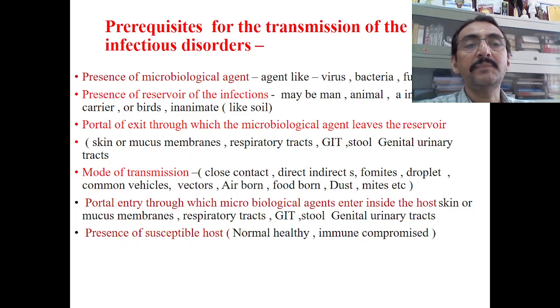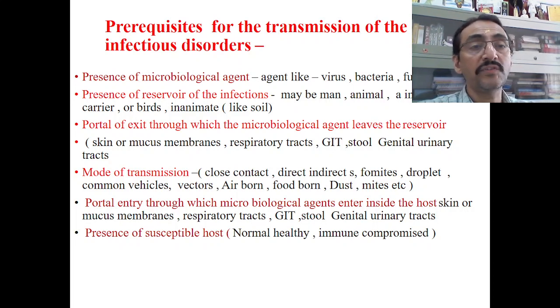So one is the presence of microbiological agents, another is the presence of the reservoir of infection, and the third is the portal of exit, through which the microbiological agent leaves the reservoir. That is also important. It is present in the reservoir, and by which route does it exit the body of the reservoir and go to another body?